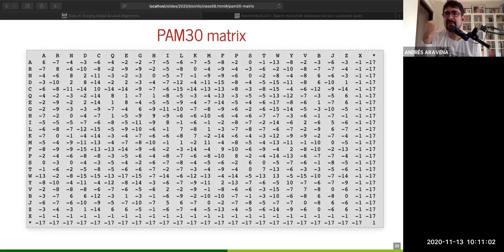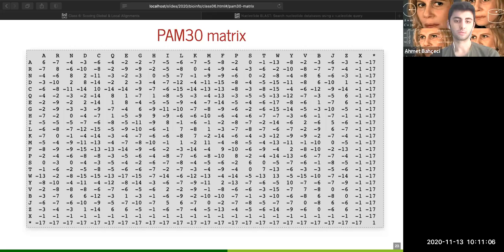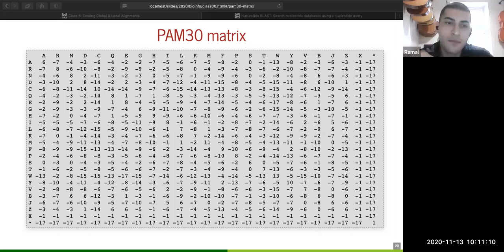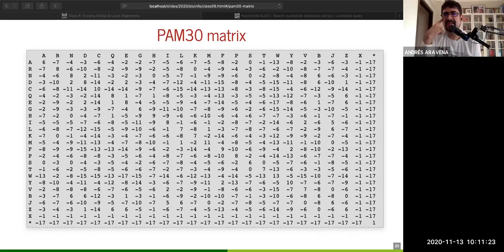I'm always surprised that people see things and they don't see. What do you see? You see a square matrix. If two similar amino acids match, then the score is higher. If they're far away from each other, the score is lower. Yes, that is the super result. Exactly. That is the super result.